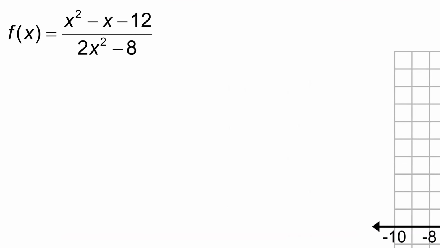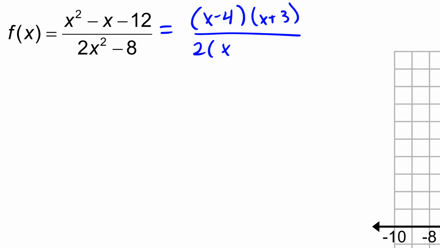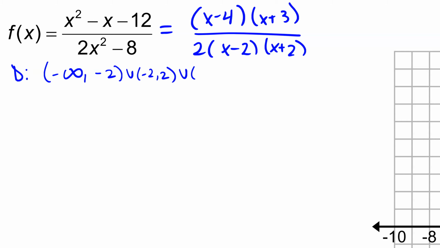What's the first thing you do? Factor. Yeah, okay. Secretly, if you factor out the 2, it's a difference of squares on the bottom. Same domain as before.